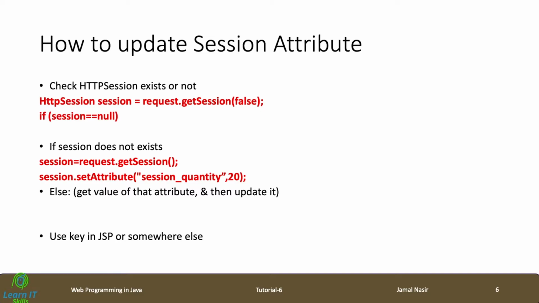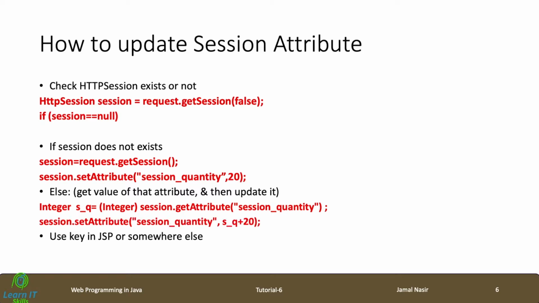But if session already exists, you can simply get that attribute session quantity from the session, and then you have to update it with the value. So now in the second step, you can simply add that 20 to the existing value of session quantity.